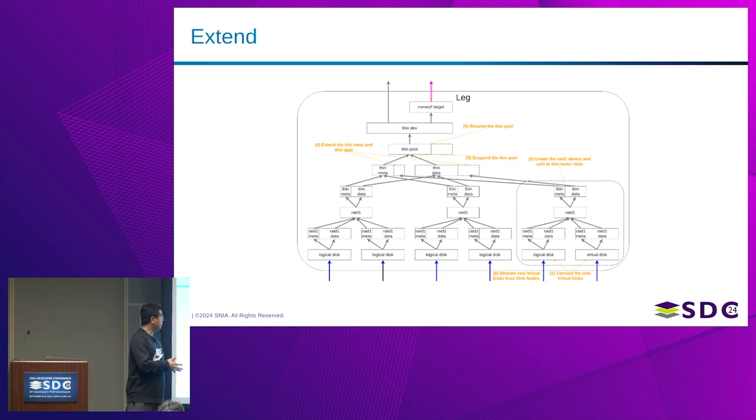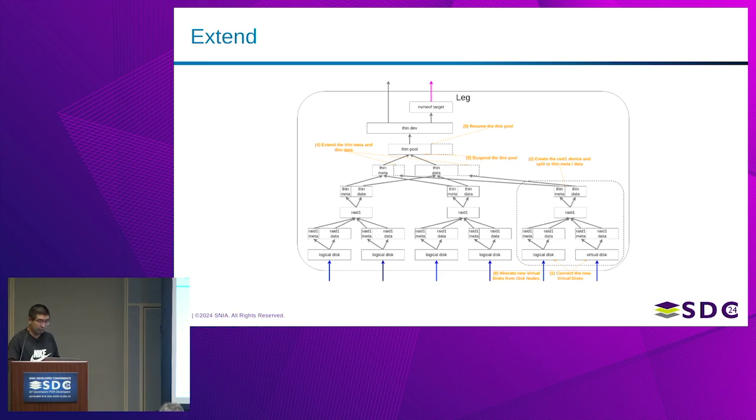So in this case, we just allocate new logical disks from the new disk nodes and export them to the controller node, and the controller node will suspend the device, extend it, just following the thin provision command the Linux kernel provides, then resume it. Then we can do it at runtime.